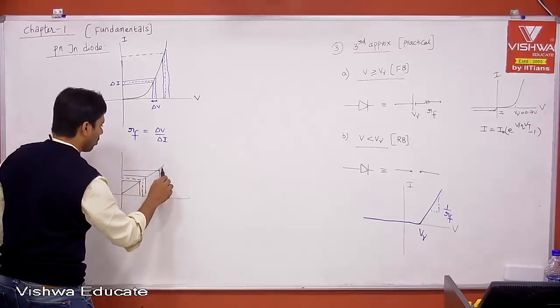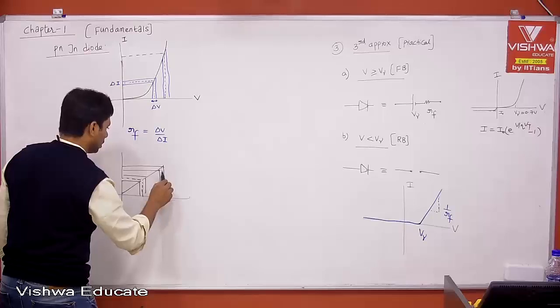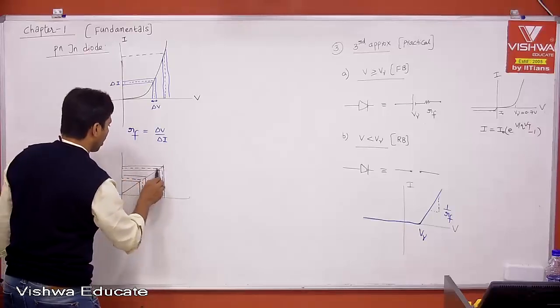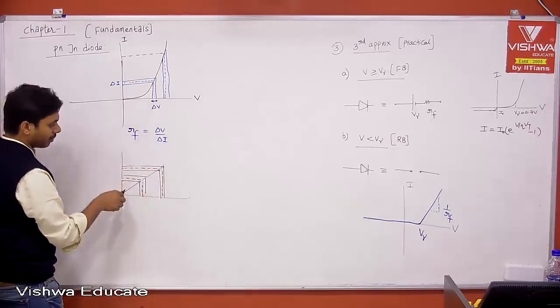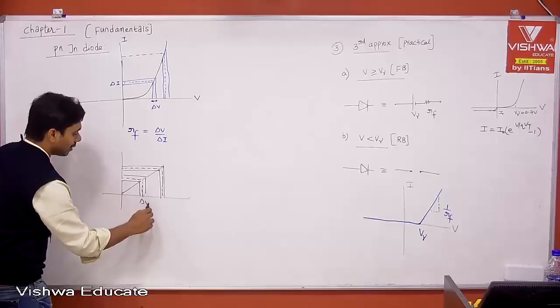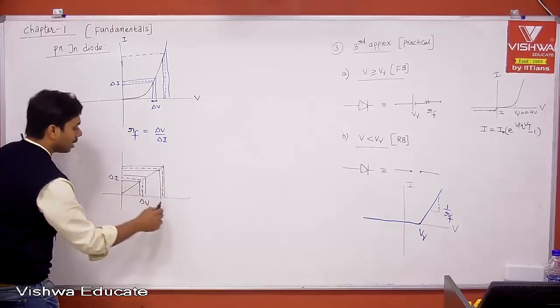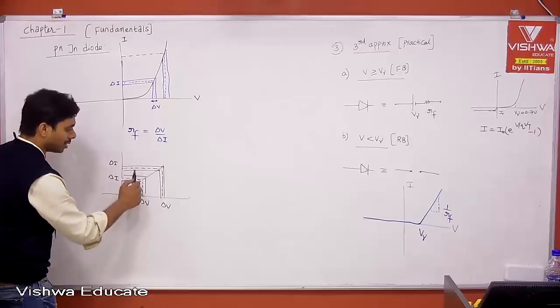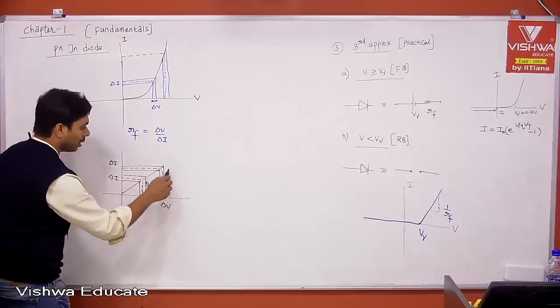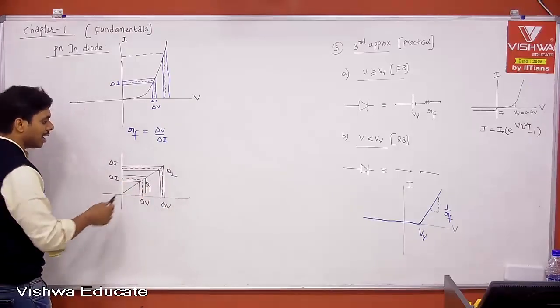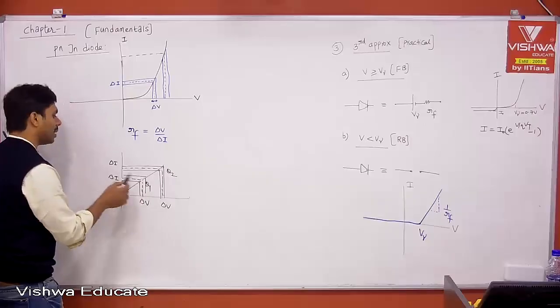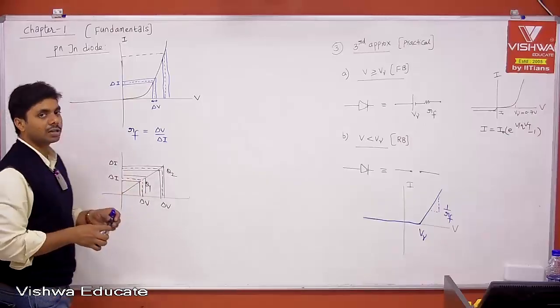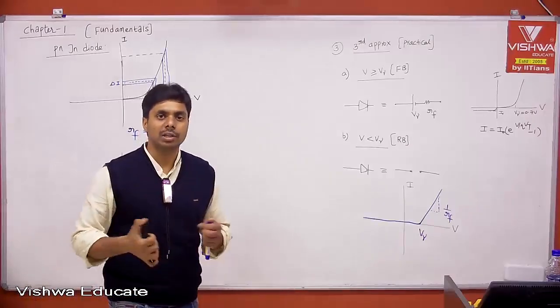When I say this is your operating point, the dotted line is nothing but your operating point. If the curve is linear, then delta V by delta I at any point, say operating point Q1 and then operating point Q2, if that is constant, what does it mean? That is a linear curve.